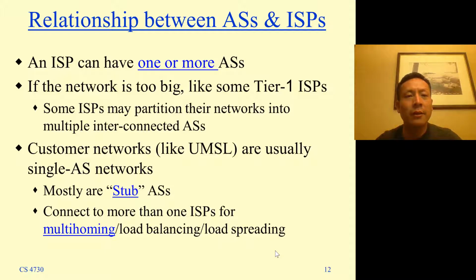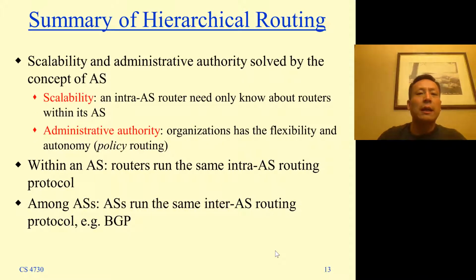Make sense? So this slide is a brief summary of the hierarchical routing we discussed. The internet has a scalability issue, because when the network is too big, we simply cannot put it all into the same autonomous system, since flooding and convergence will take forever, right?